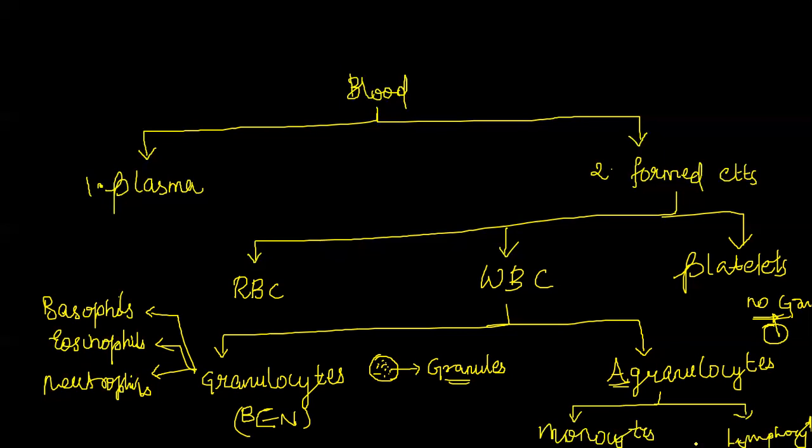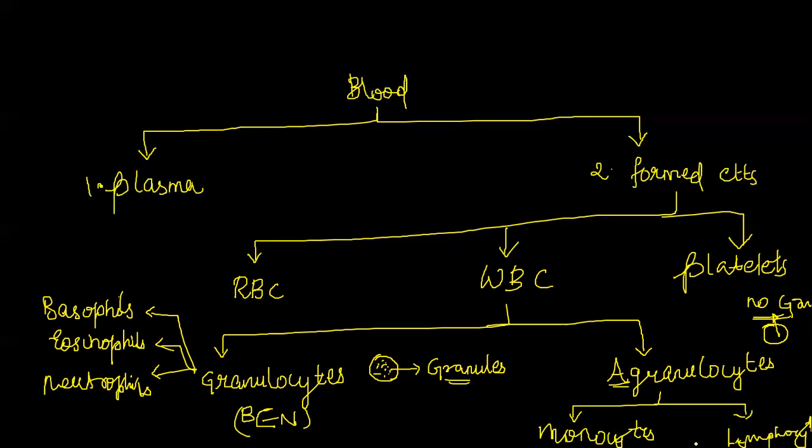I hope it's clear. Blood is mainly composed of two main parts, that is the blood plasma, which is the liquid part of the blood, and the formed elements, which can again be classified into three: RBC, WBC, and platelets. WBC can be classified into granulocytes and agranulocytes. Granulocytes have granules in the cytoplasm.